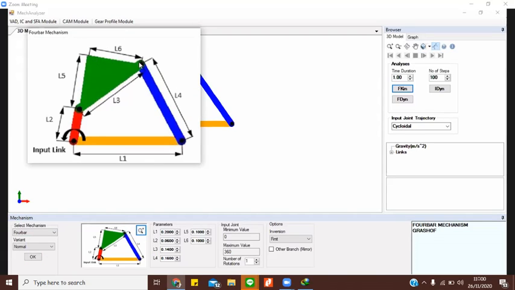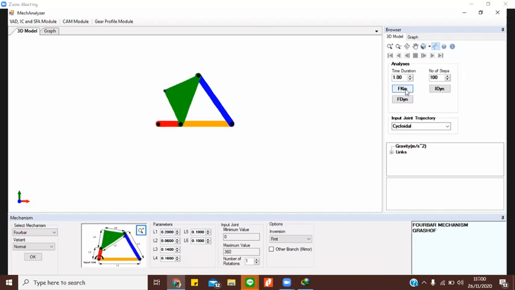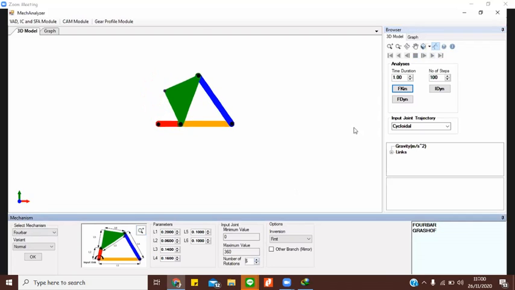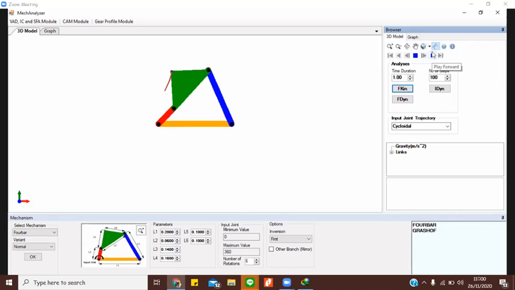This is making your coupler, but otherwise your link should be straight like this. So this is how it is making a curve. Even if you repeat this motion a number of times, you will get the same. So this is your coupler curve.